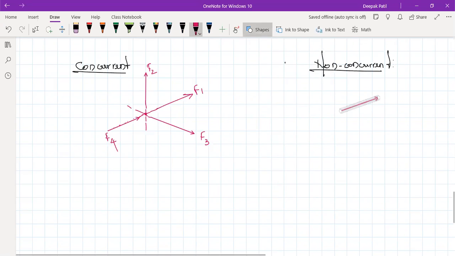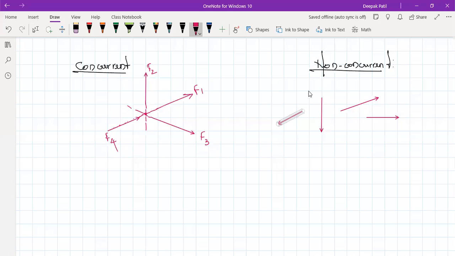Let this be force F1, F2, F3, and F4. If you try to extend the line of action of each and every force, you can see that the line of action is not passing through a common point. Then this system of force is called a non-concurrent force system.